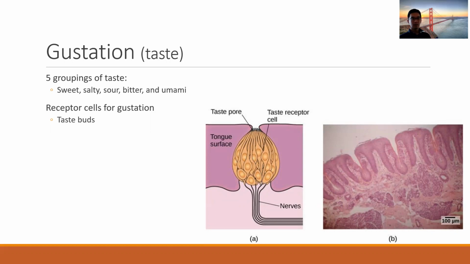And another taste is called umami. It's something that we do not usually know of. It's a taste of freshness, or a taste of meat. If we eat some kind of meat, we can know that it's meat. That's the meat freshness.